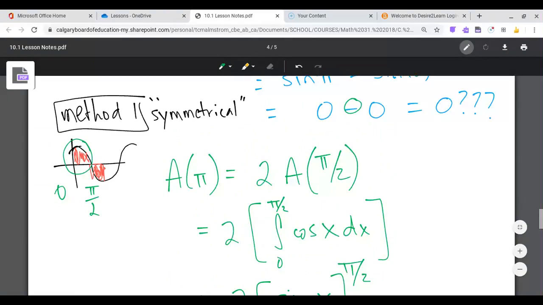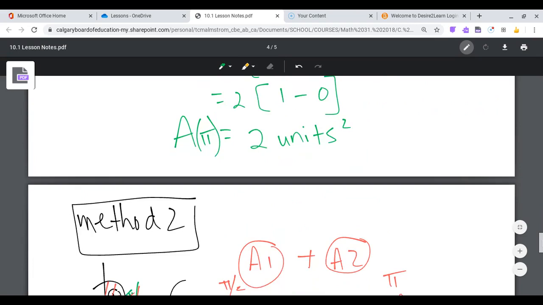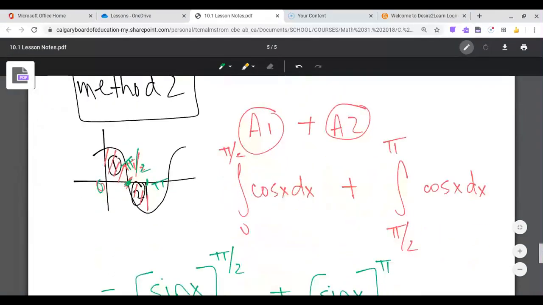But it is really important to draw that diagram and notice that some of it is shaded above the x-axis and some of it is shaded below. So we either have to notice that they're exactly the same amount above and below, and then we can use this symmetry method, or we're going to have to split it into intervals. That's this second method here.